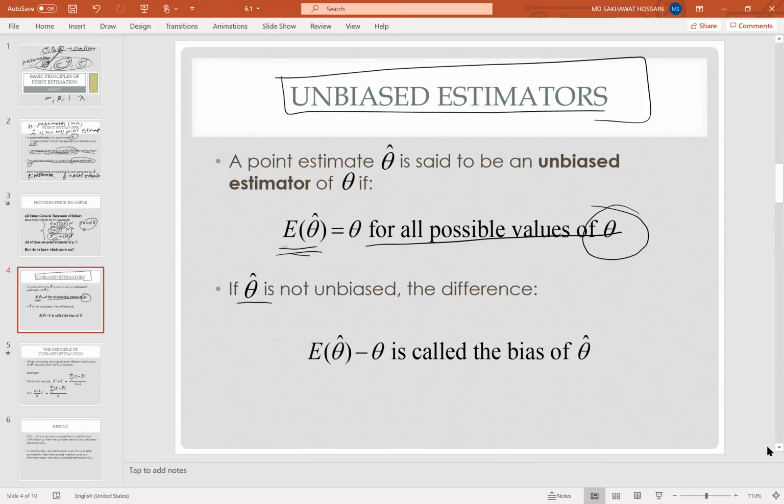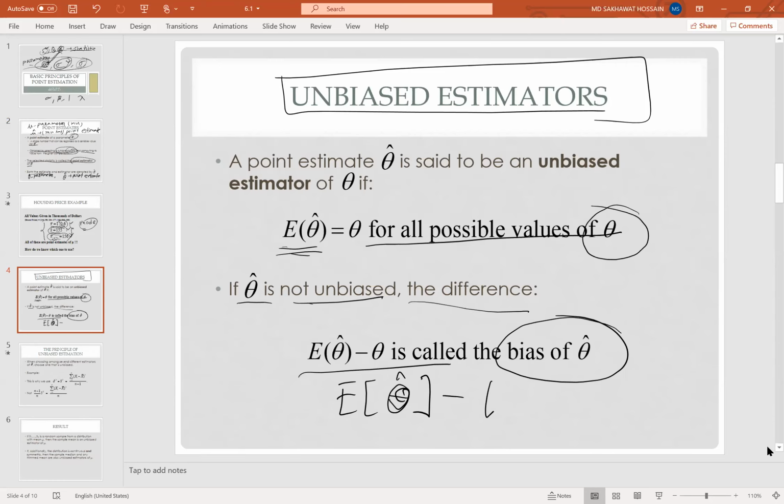If theta hat is not unbiased, the difference is called the bias of theta hat: the expected value of theta hat minus the parameter. If it is not equal to 0, then this is called the bias.